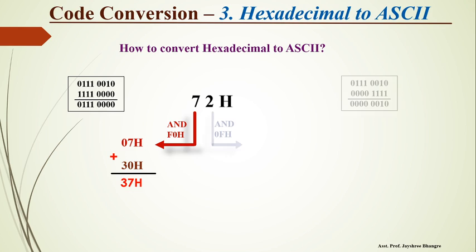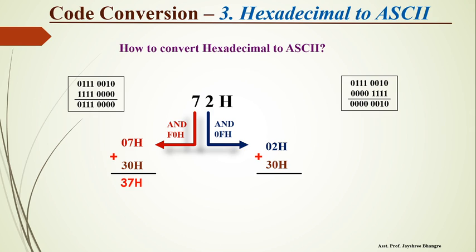Similarly, to separate the LSB digit, that is 2, we have to AND with 0FH. So after ANDing 72H with 0FH, we get the value 02H. After adding 30H, we get the ASCII code for 2, which is nothing but 32H.